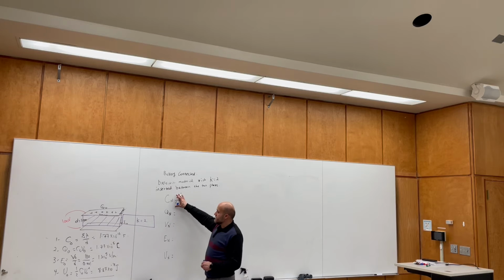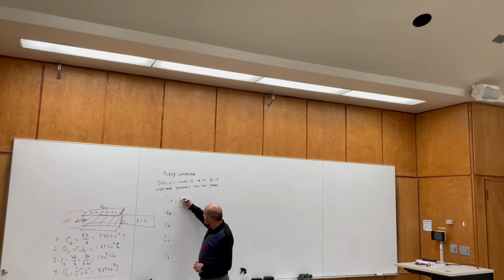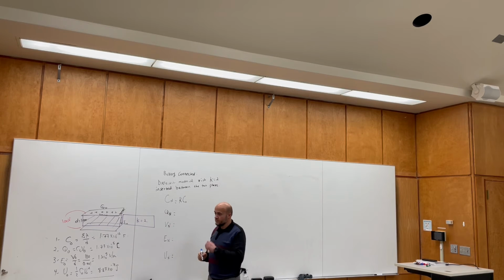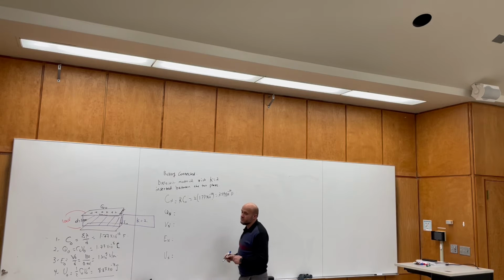So what happens to the C? With the dielectric it is going to increase and is going to be K times C0. K is 2, times 1.77 times 10 to minus 10, and that is 3.54 times 10 to the negative 10 farad.